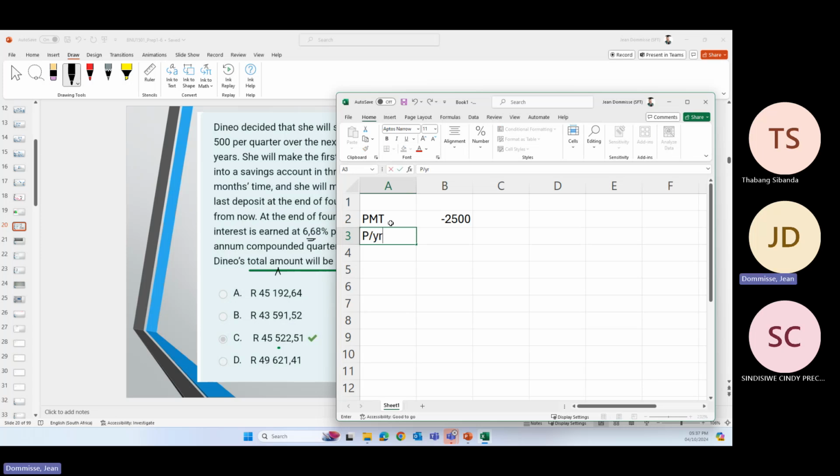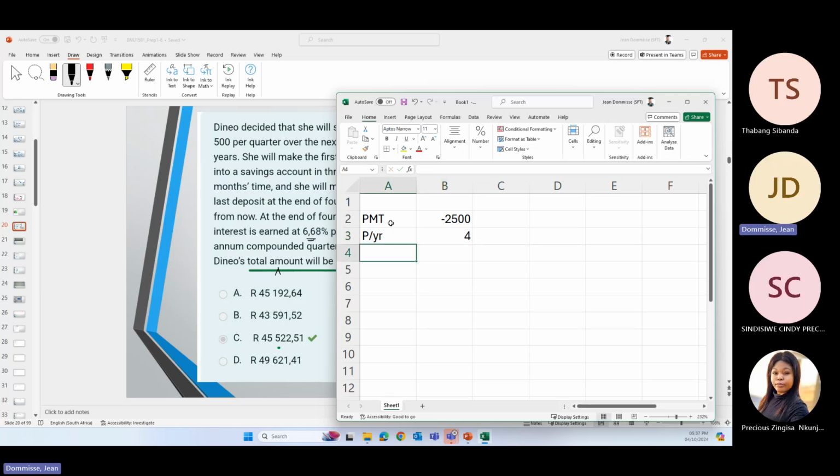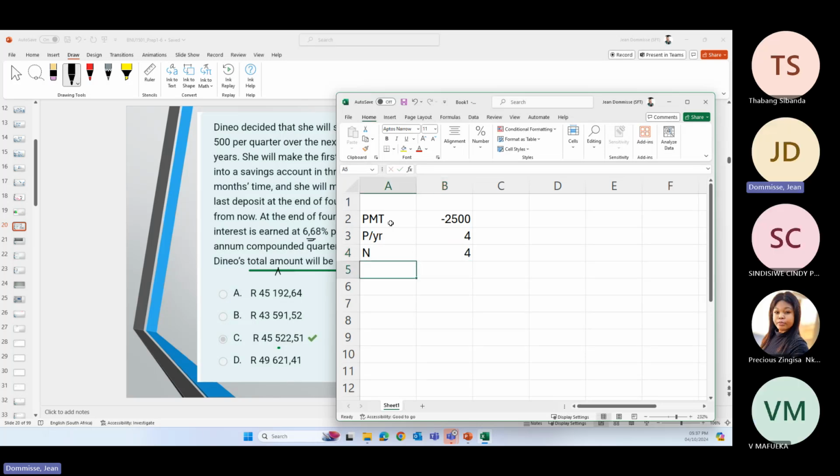The periods per year, times per year, was 4 because it was quarterly. Our N was 4, so then our periods for that is equal to 4 times 4. So that is where we got the 16.